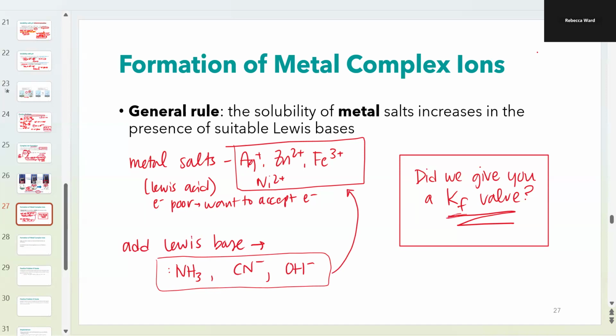We will give you a KF with an associated complex. But you should know KF is always big. And so adding in this appropriate Lewis base is always going to increase the solubility. So the solubility of metal salts increases with the presence of that Lewis base.